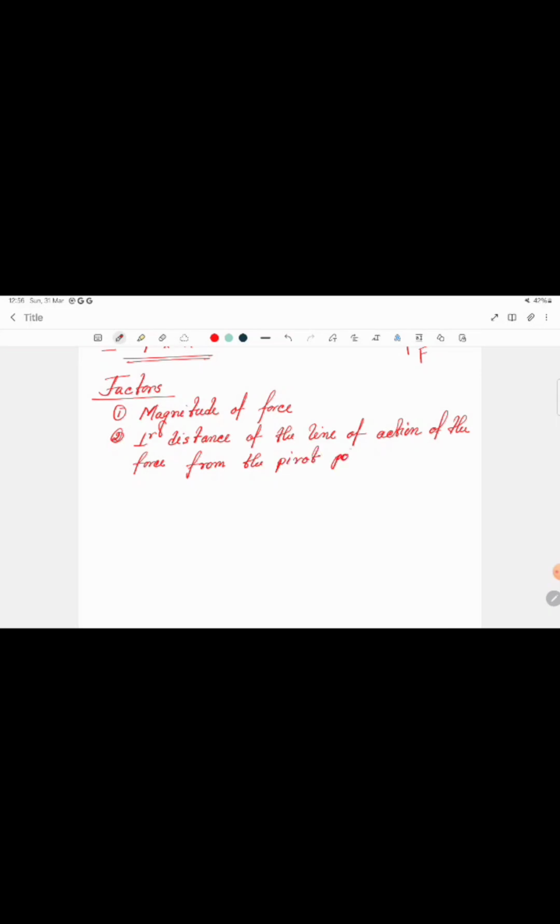Okay, so this is known as the moment of force.